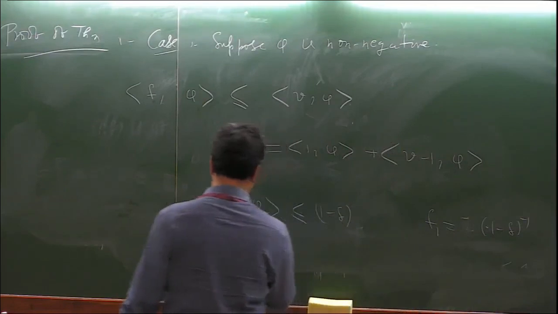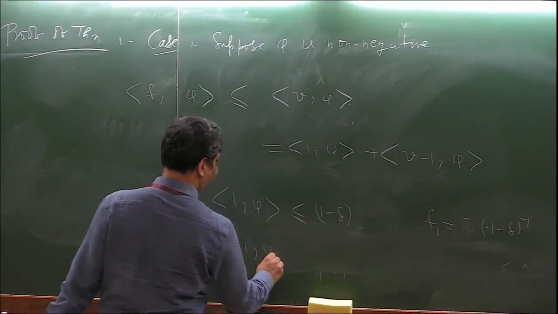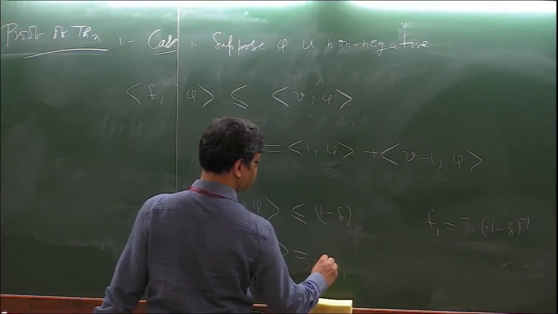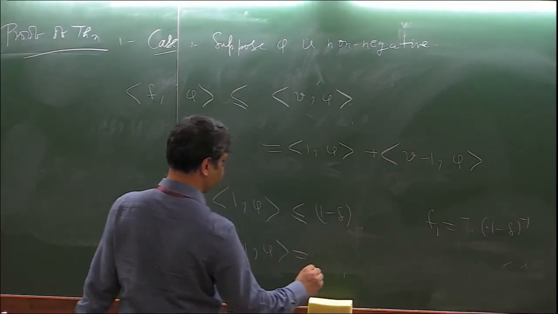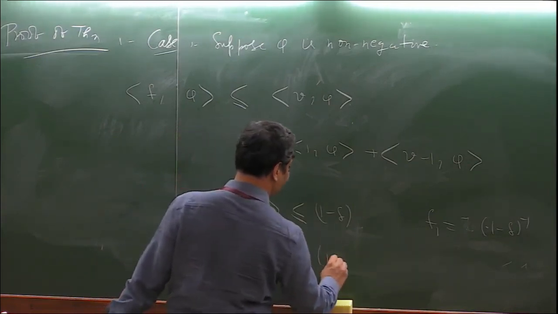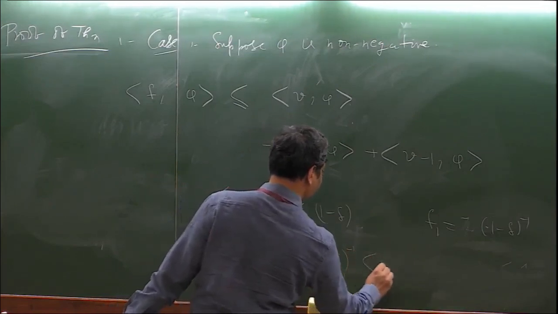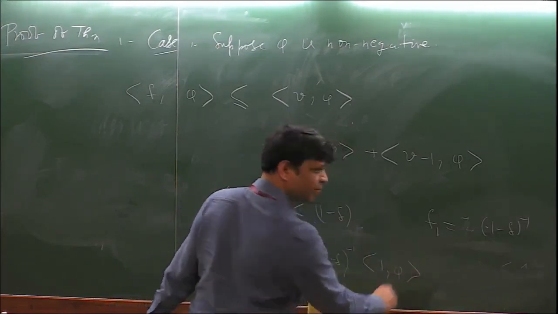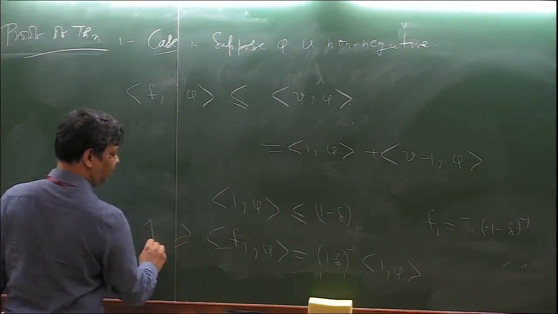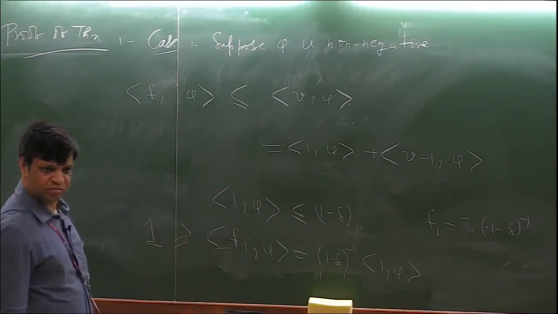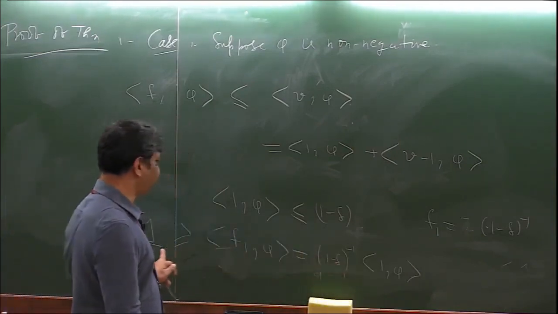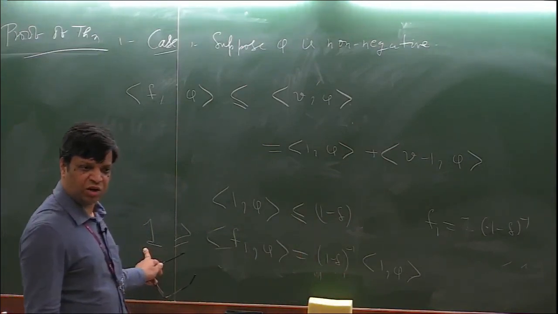And then F1 phi will be exactly equal to 1 minus delta inverse times 1 phi. On the other hand, this should be less than or equal to 1. So that proves that 1 phi is less than or equal to 1 minus delta.